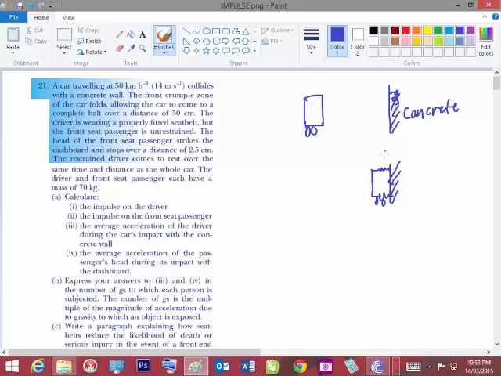The driver is wearing a properly fitted seatbelt, but the front seat passenger is unrestrained. The head of the front seat passenger strikes the dashboard and stops over a distance of 2.5 centimeters. Both have a mass of 70 kilograms. First, calculate the impulse of the driver.